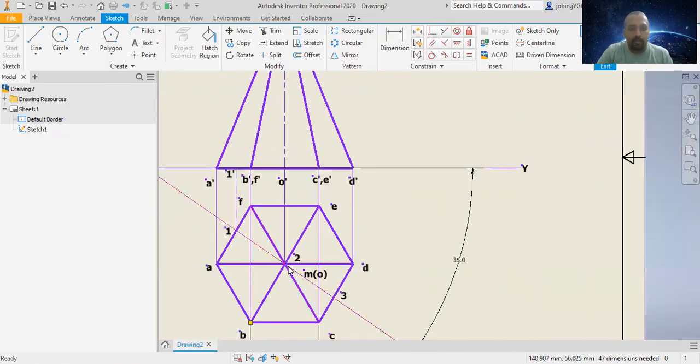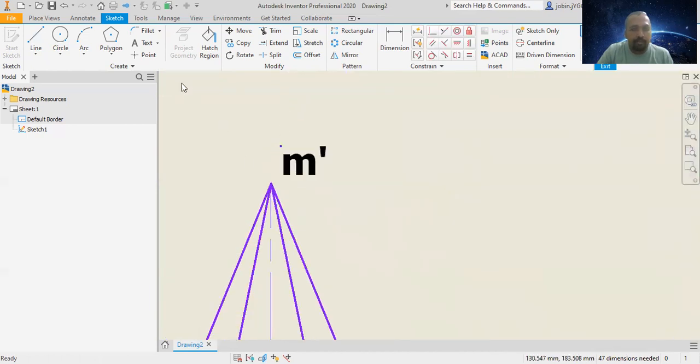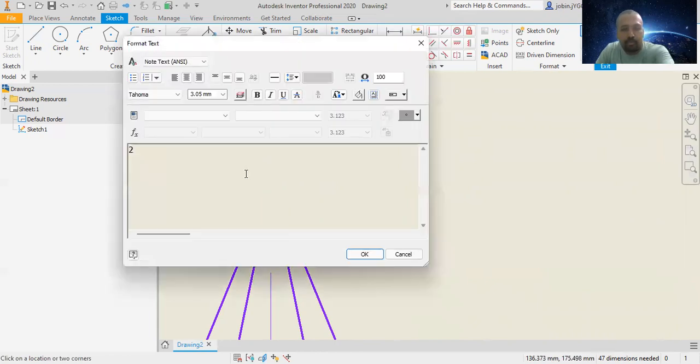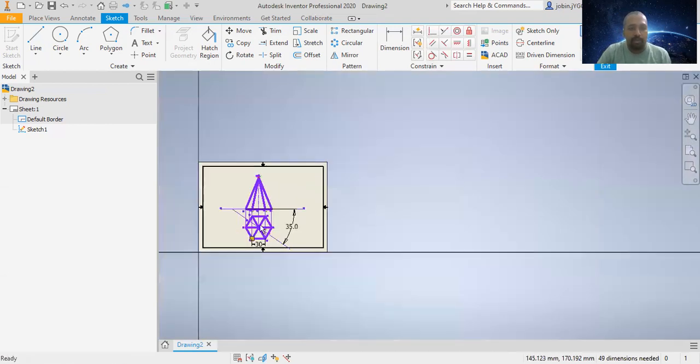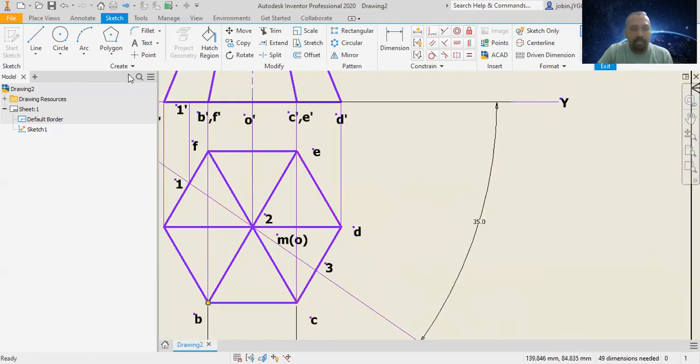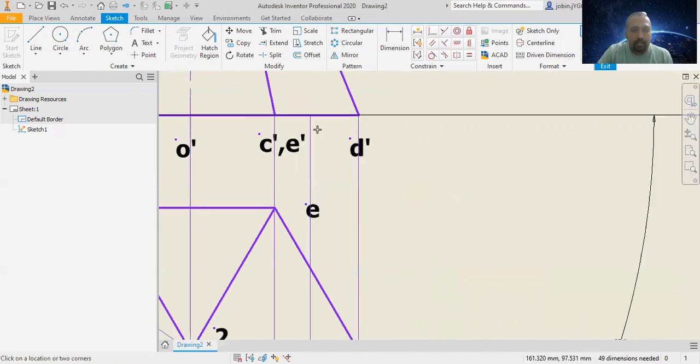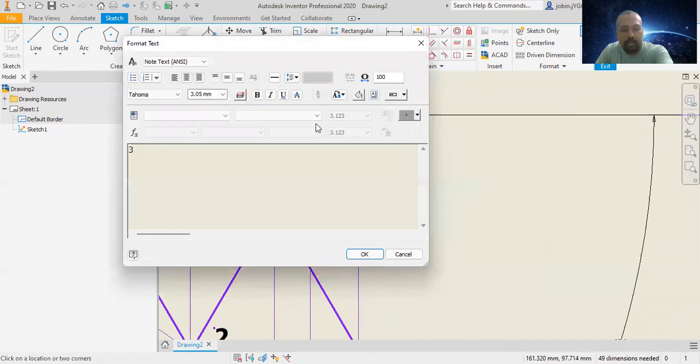Then 2 will be on the apex point, so name here 2 dash. And 3 will be on CD, so project this 3 to C dash D dash. So this is 3 dash.